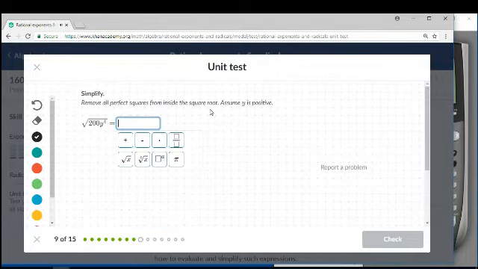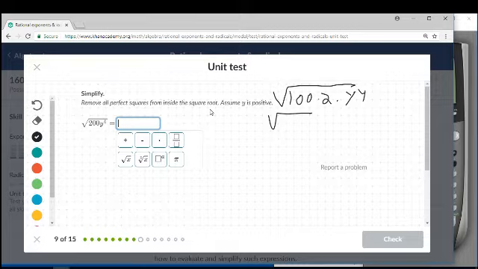Remove all perfect squares from the square root. Assume that y is positive. So you can rewrite the square root of 200y to the 4th as the square root of 100 times 2 times y to the 4th, which is equal to square root of 100 times square root of 2 times square root of y to the 4th.